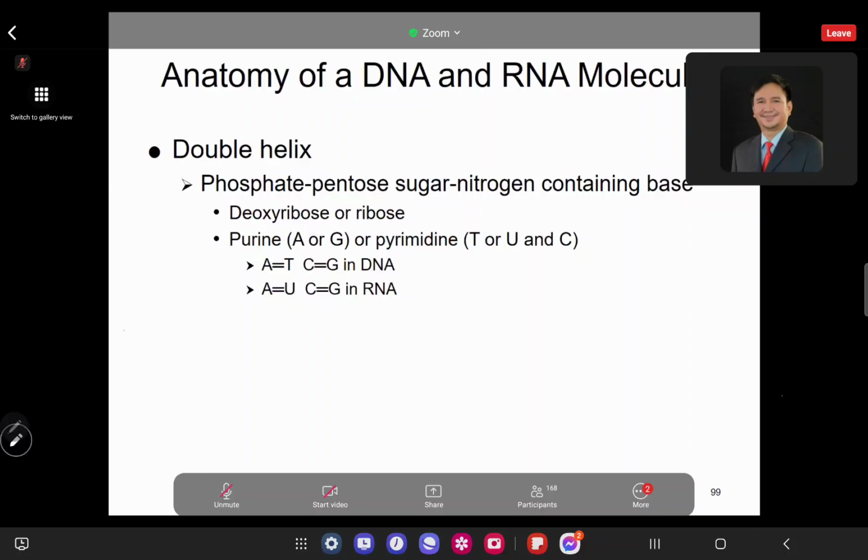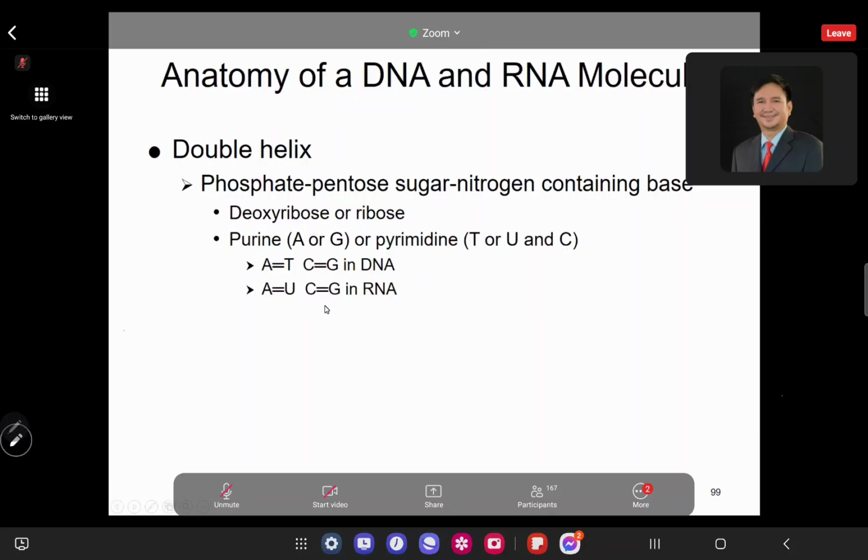That's why it's DNA. For RNA, it's the ribose sugar. How about the nitrogenous bases? We have purines. What are these purines? Adenine or guanine. And then your pyrimidines. What is T? Thymine, uracil, and your cytosine.